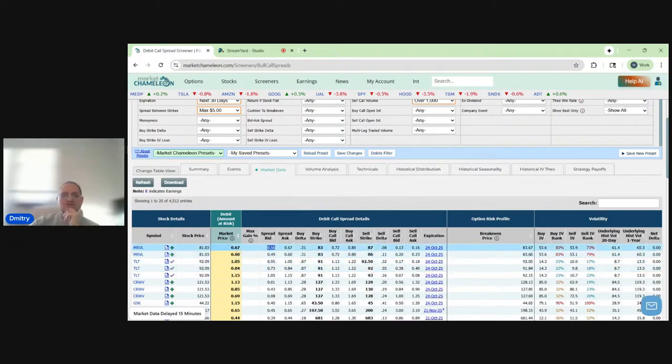The spread is 56-cent bid, 67-cent offer. But you could see that there's a bid and an offer in one of the calls. So this is the buy call, 72 cents bid, 80 cents offered. And in the other call, it's 13 cents bid, 16 cents offered, right?